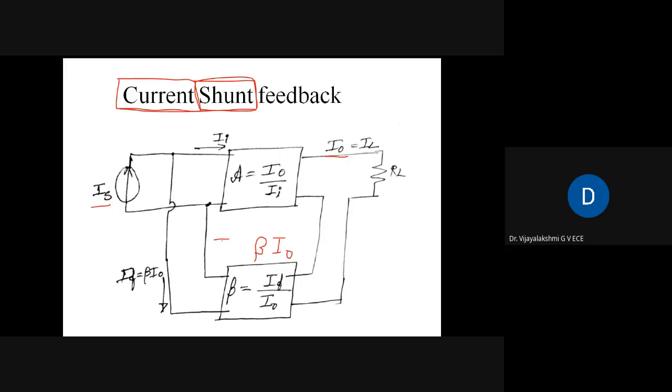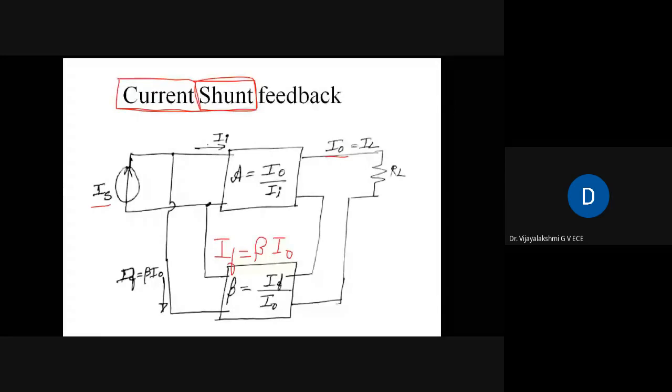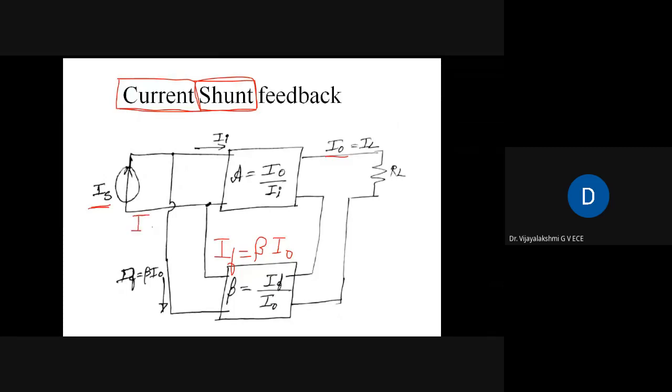So this forms IF, because I am going for shunt connection. So this IF is fed here and you have IS. So here IS and IF are combined, and that forms II.